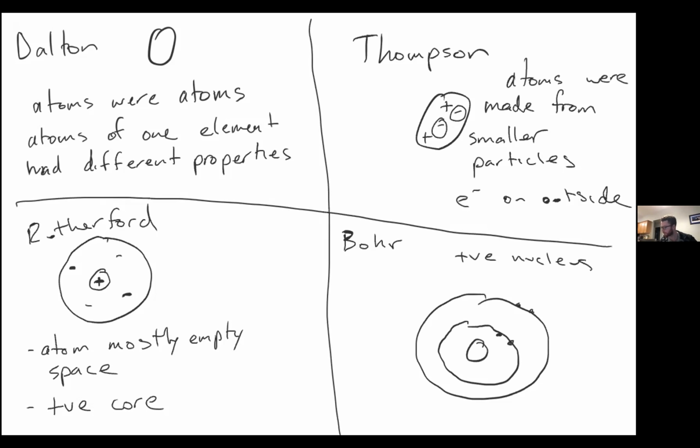Okay, so remember, the first orbital will have only 2 electrons, and then each orbital going past that will have 8 electrons. So if this had 10 electrons, this element would be neon.